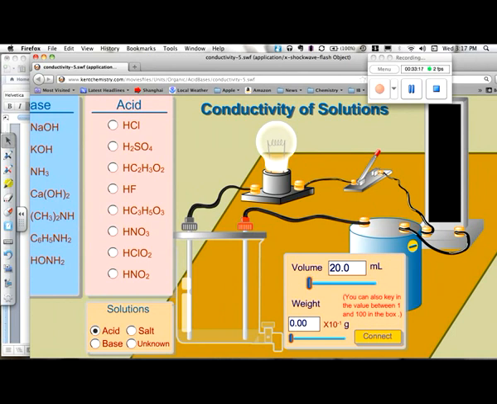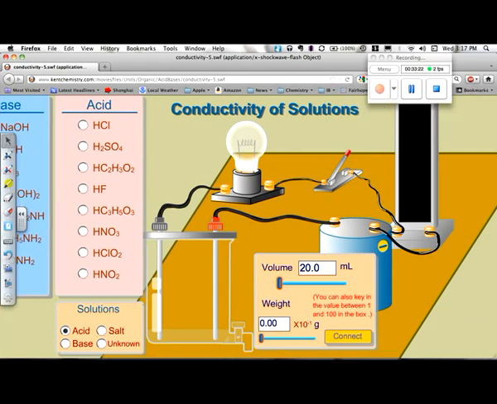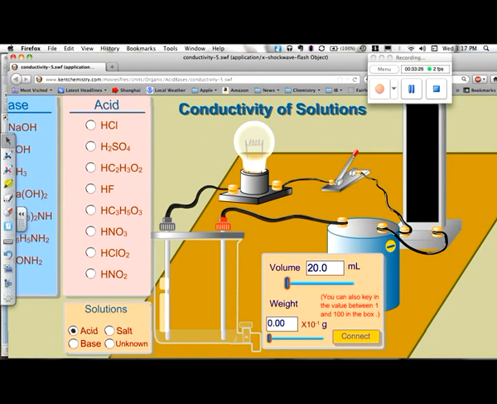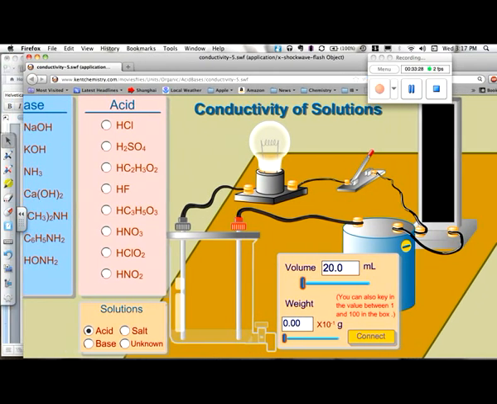I want to be able to get to this other side. All right, well, we'll do some acids, and then I don't know if we can get over to the bases. All right, let's do some acids. Okay, so HCl, strong acid.